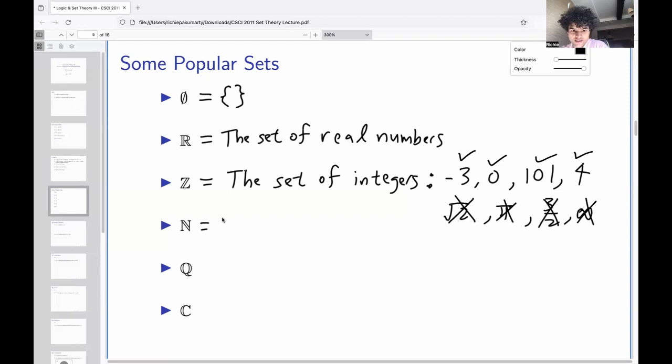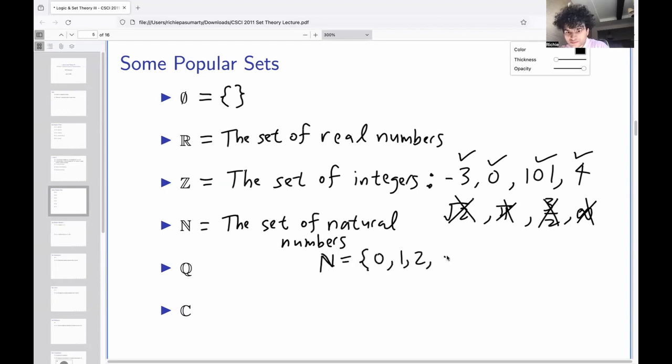Okay, N is the set of natural numbers. So these are numbers which are effectively used for counting. Depending on the context, some people like to write the set of natural numbers like this, and some people like to write it like this.